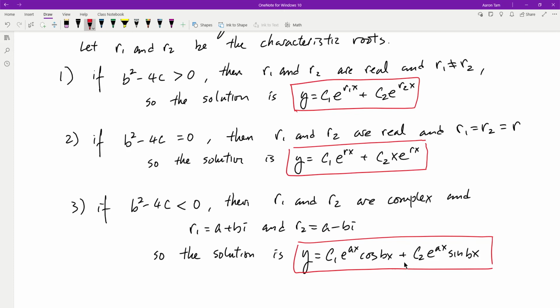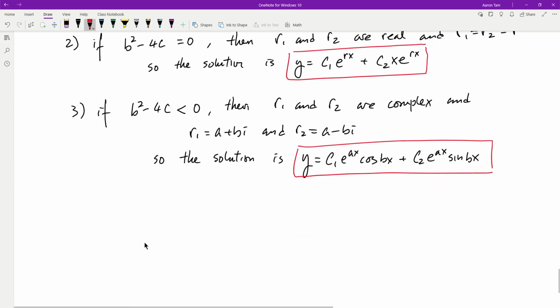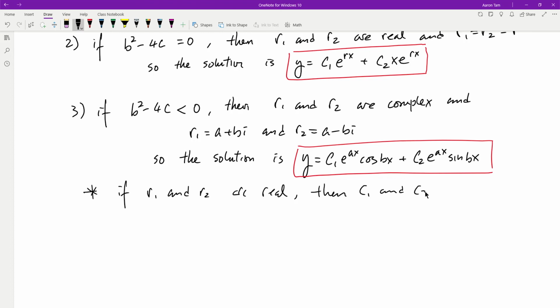So it's important to make a note for yourself if you want to. In the case of 1 and 2, both C1 and C2 are real since the characteristic roots are real. But if the characteristic roots are complex, then the coefficients can be complex. So you can write a note for yourself: if R1 and R2 are real, then C1 and C2 are real.